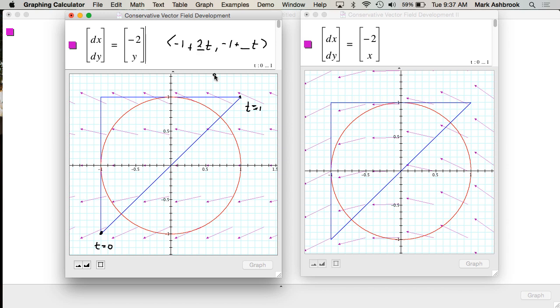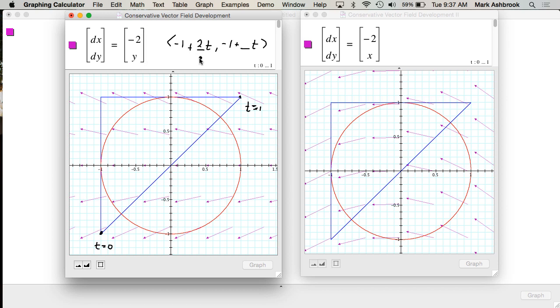And what does that number 2 represent? Two has what to do with these x coordinates? The change, right? It's how much change there is from t equals 0 to t equals 1. So it's your starting x plus the change in x.